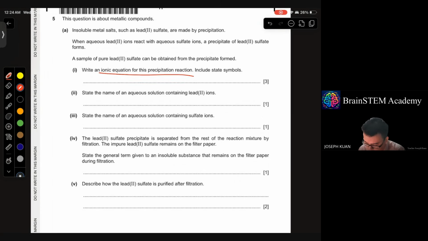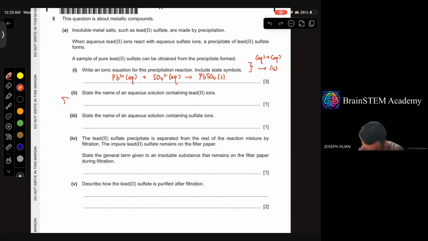They want you to write an ionic equation, not a typical equation, for the precipitation, and include state symbols. Generally, it will follow this format: aq plus aq becomes solid. So these aqueous lead-2 ions marry together with these sulfate ions, and they form this inseparable solid couple, solid compound, lead-2 sulfate.